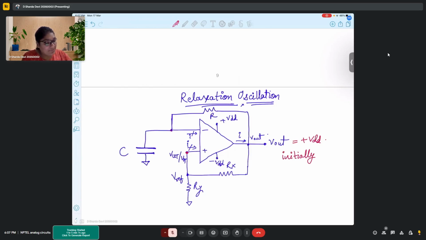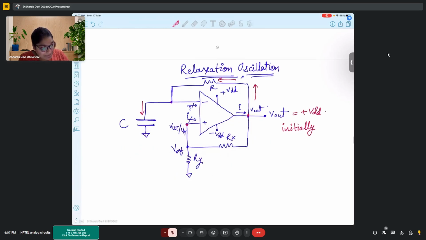Now the moment we see a plus VDD, it sees a plus VDD potential over here, and the other side of a capacitor is connected to ground. So a charge will start to flow from the output terminal through the resistor into the capacitor.